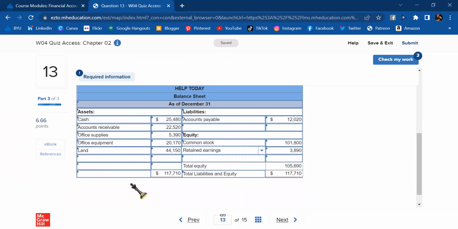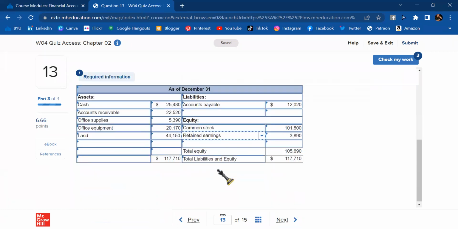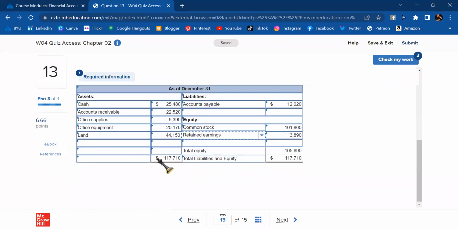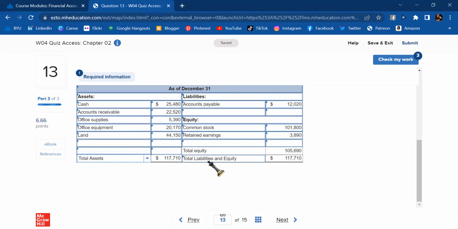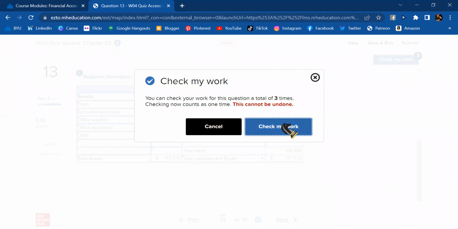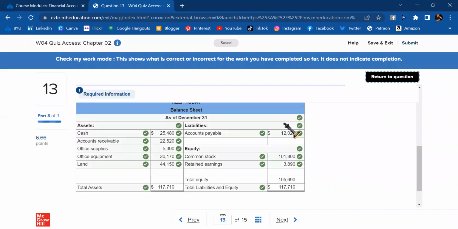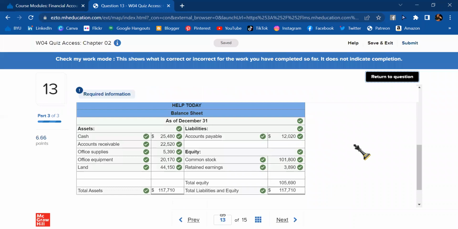Is that the whole thing? Yeah, maybe that is, because the liabilities and equity do match up. Oh, I should name this total assets. And then I got total liabilities, and I didn't have to do that myself, did I? Check my work. And there you go, the answer is complete and correct.